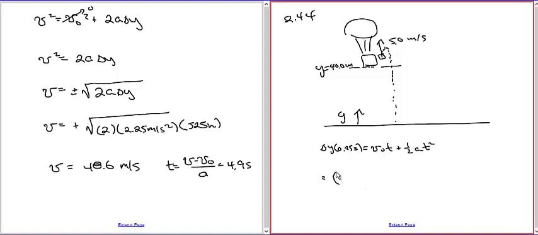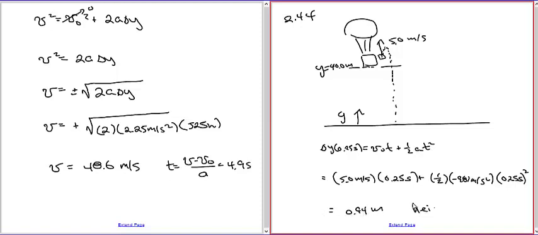So we plug in what we have, 5 meters per second times 0.25 seconds plus 1/2 times negative 9.81 meters per second squared times 0.25 seconds squared. And the delta y you calculate is 0.94 meters. And so the height above the ground is going to be 40.94 meters.